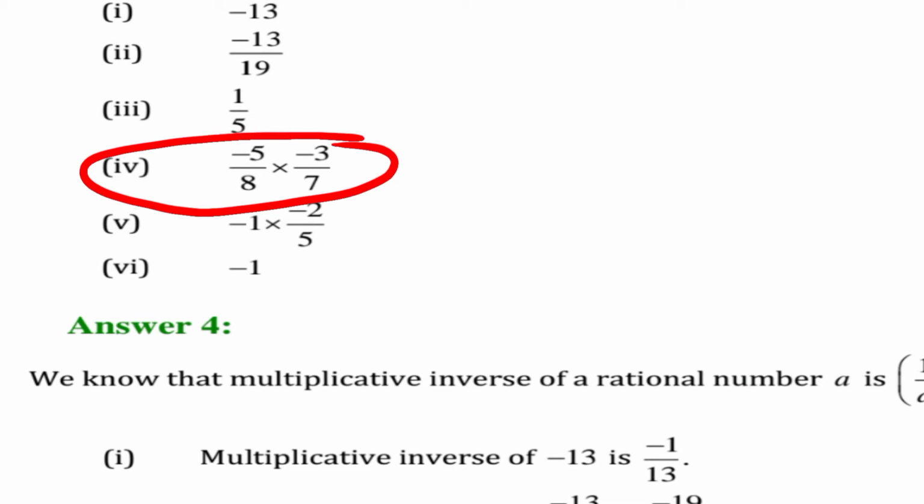Here we have to first multiply these two rational numbers, minus 5 into minus 3. 5 threes are 15, minus into minus means plus 15. Similarly in the denominators, 8 sevens are 56. So when we solve this part of question number 4, we get 15 by 56 as the answer.